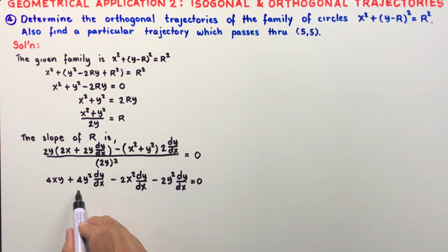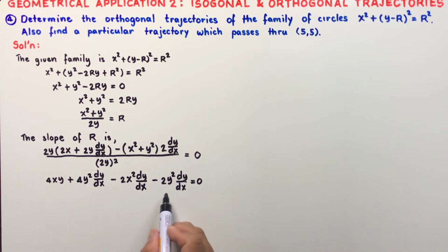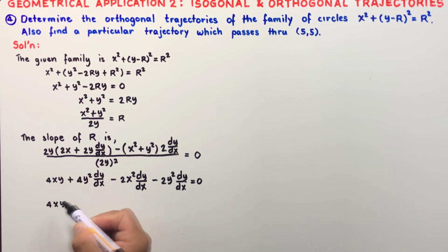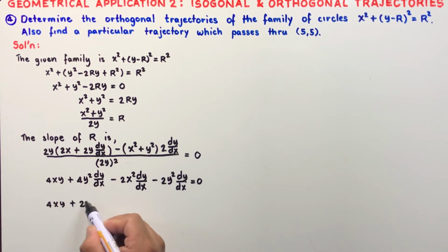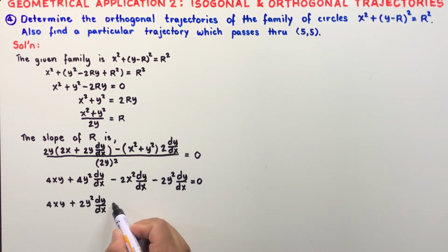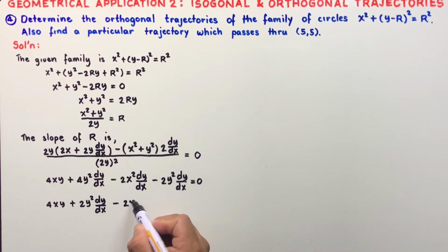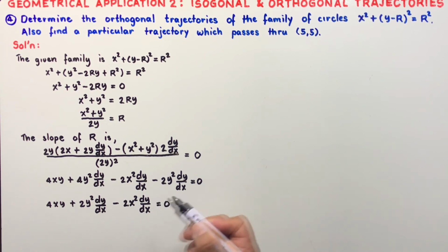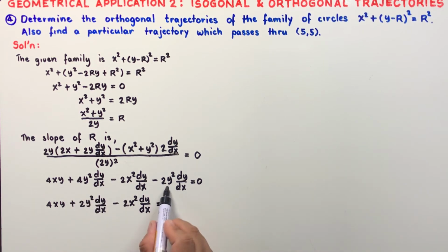Now, combining this term and this term, because they are like terms, we have 4xy plus 2y squared times the derivative of y with respect to x minus 2x squared times the derivative of y with respect to x. Because if you subtract 4 by this one, we have 2.